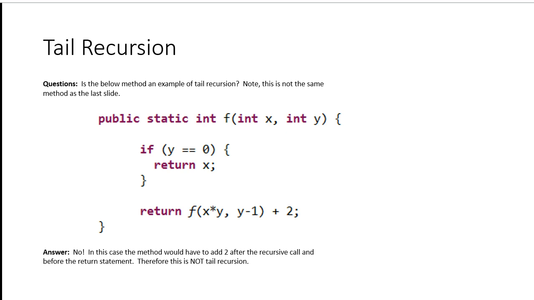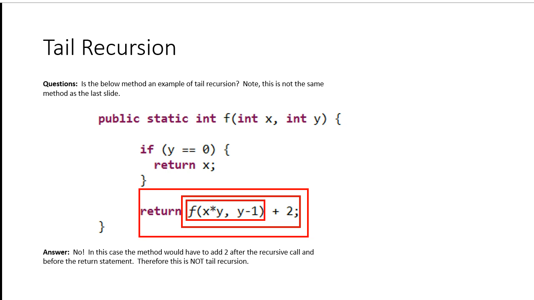Well, the answer is no, because the return statement is going to execute from left to right. The first thing that happens when I hit this return statement is it's going to perform the recursive call, which goes back into the method. Only when that recursive call is completed will it then add 2. So the recursive call is not the last thing in the method, and this is not tail recursion.